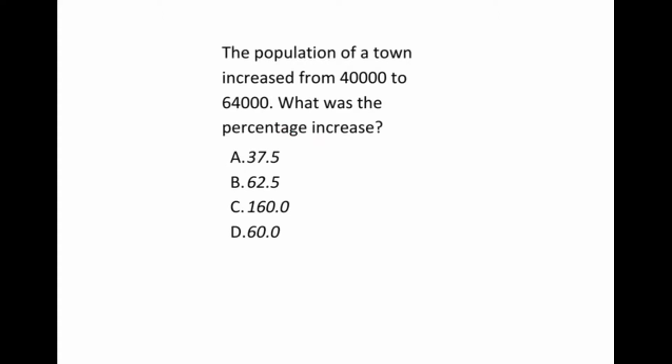First, we are going to find the difference between 64,000 and 40,000, because the original population, or the first population, was 40,000. Then it increased to 64,000.